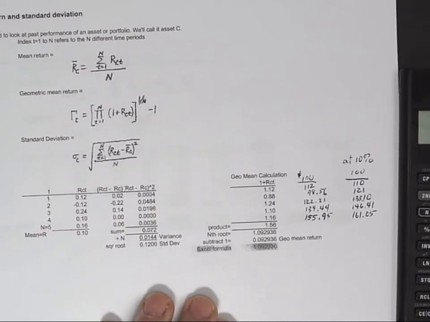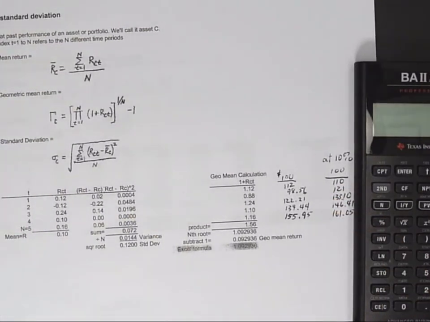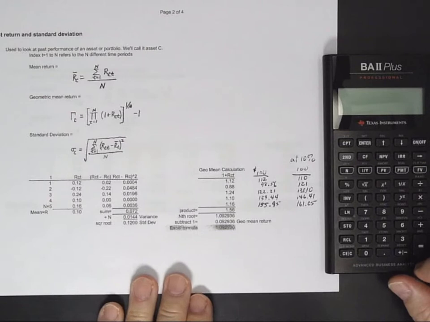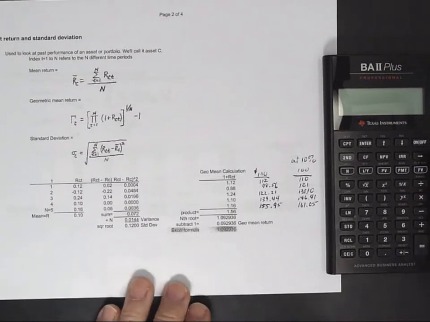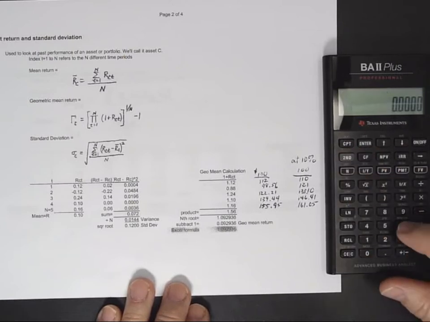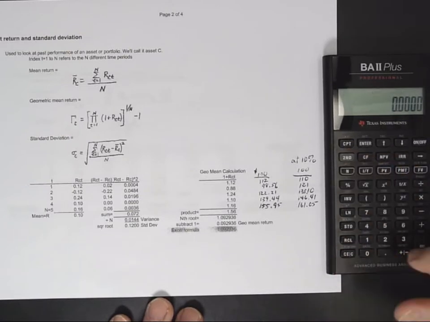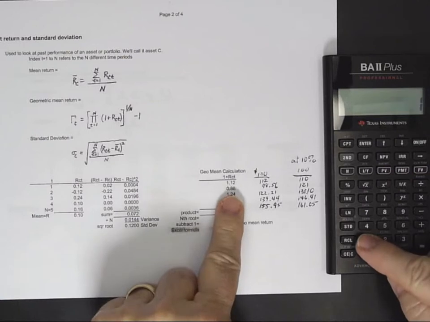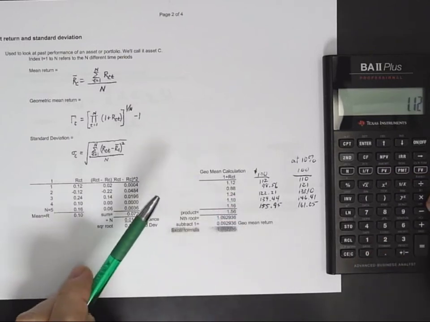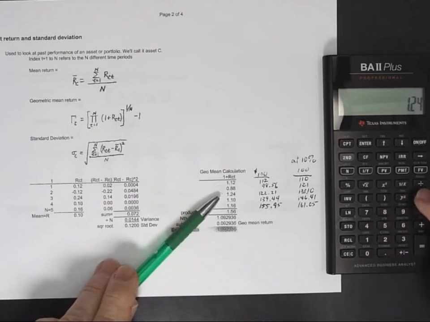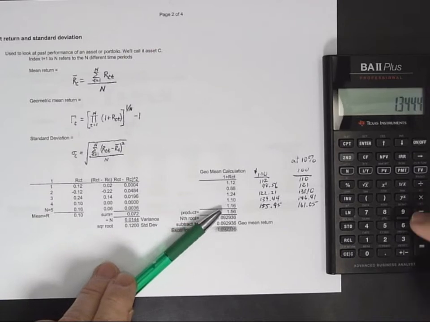Now, I'm going to do the geometric mean. I'll have to zoom out a little bit here. I'm going to calculate the geometric mean on my calculator so you'll know how to go about it. Okay, so I'm going to say 1.12 times 0.88 times 1.24 times 1.1 times 1.16 equals.